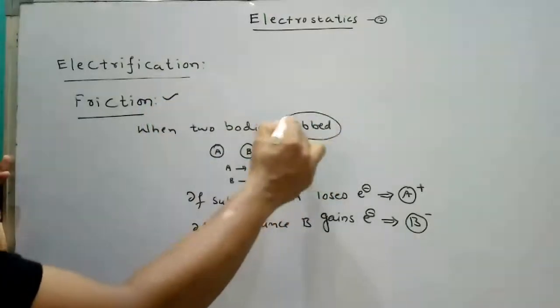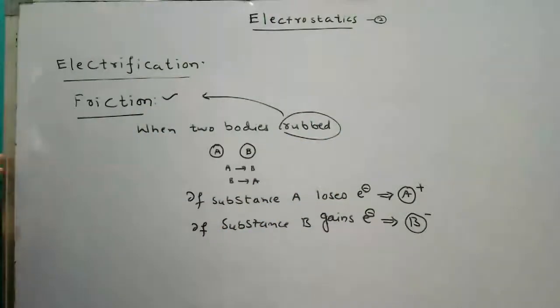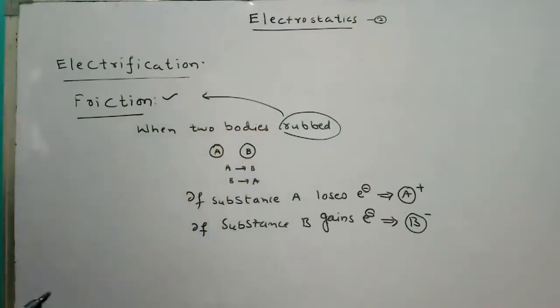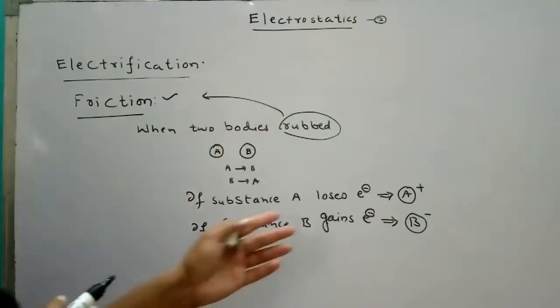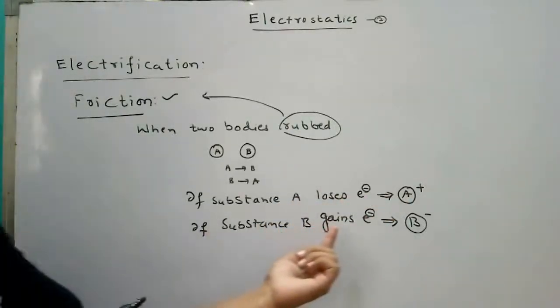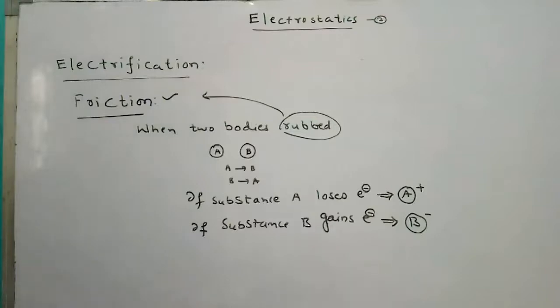Here I used the rubber, that is nothing but friction. When two bodies are under friction, the bodies are getting charged. If substance A loses electrons, the body gets positive charge. If substance B gains electrons, the body gets negative charge.